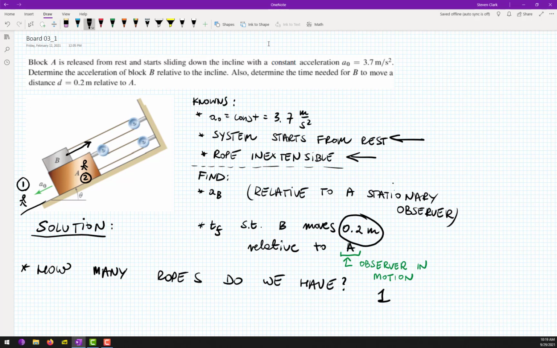Okay, so our length L is constant, and this is our rope, by the way. If you don't see it, it will be orange. Only one rope. Let's define its length. I believe that our datum can be here.